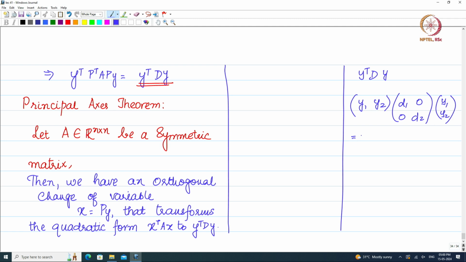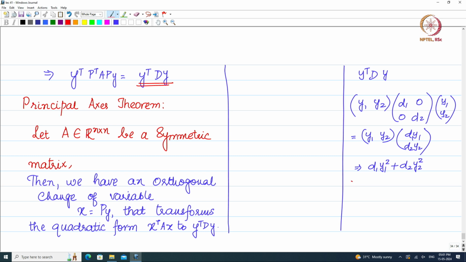Now, what do we have? This is equal to y1 y2 into d1 y1, d2 y2, that is d1 y1 plus 0 y2, 0 y1 plus d2 y2. So, I am going to get d1 y1 squared plus d2 y2 squared.